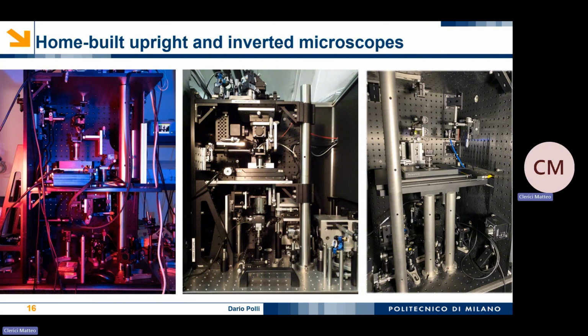Well, yes and no, in the sense that most of the times these are transmission microscopes. So we measure thin samples, typically single cells on a dish, or thin biopsies of a few microns, and so we go in transmission. Sometimes light goes from top to bottom, like in this case, sometimes from the bottom to the top, like in this case.